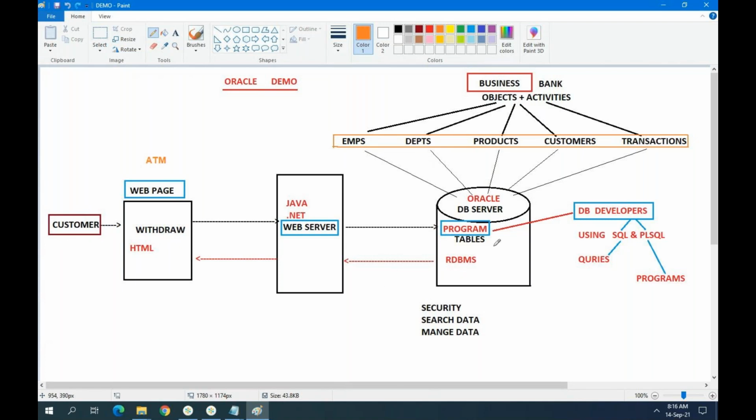In the database server, we have some programs. These programs are known as database application programs. Who will develop these programs? Database developers. How are they developing? By using SQL and PL/SQL. By using SQL, we write queries.